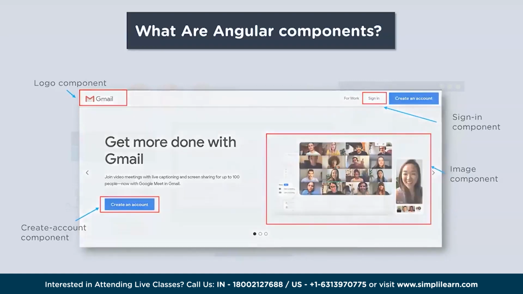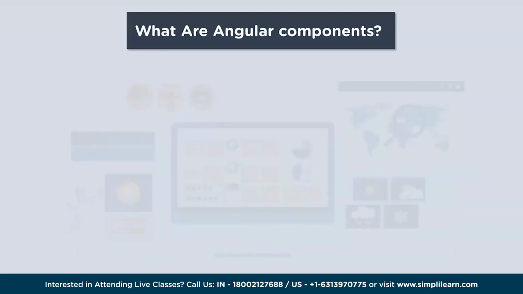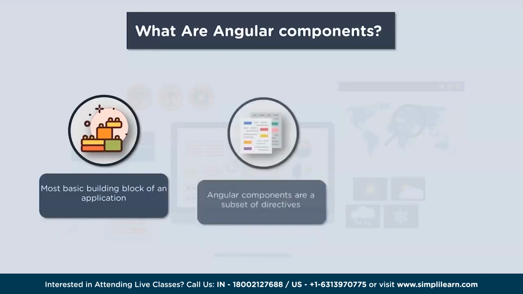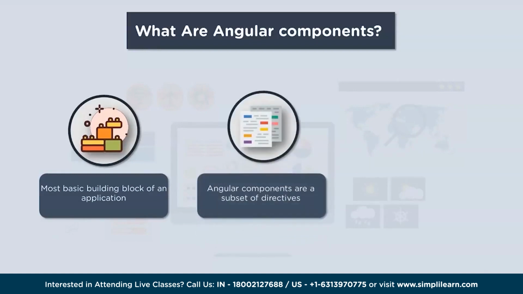To go ahead, let's discuss some of its common features. Firstly, they are the building blocks of an application. Generally, you have a root component, which is basically the app component, and then it branches out into other components, creating a hierarchy. These components are a subset of directives.